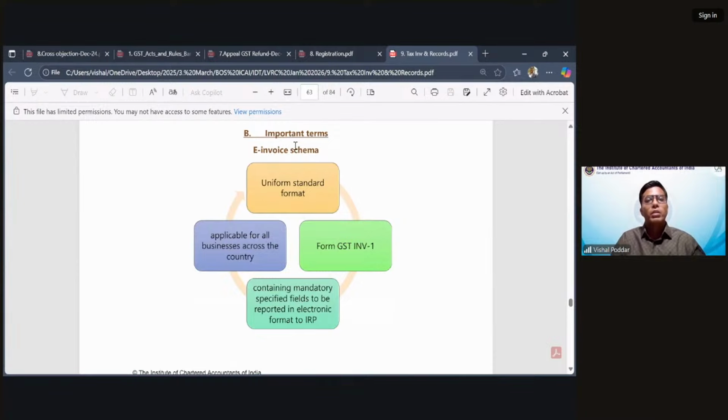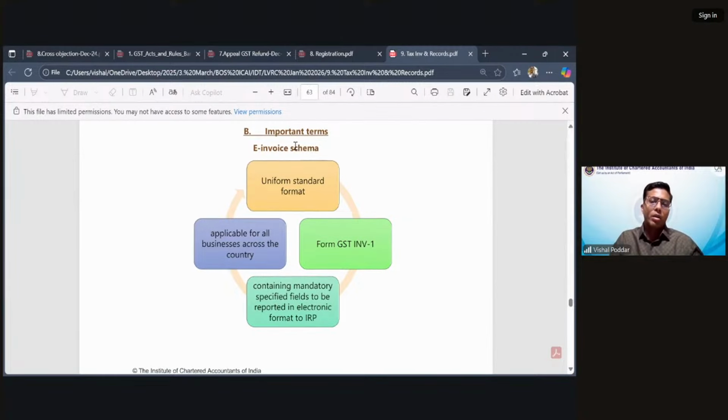Now, certain terms. There is something called the e-invoice schema. Schema simply means a format. So what is an e-invoice schema? It means there is a standardized format given for e-invoice, which again does not mean that your invoice should be in this format. It is what the portal requires as the details.